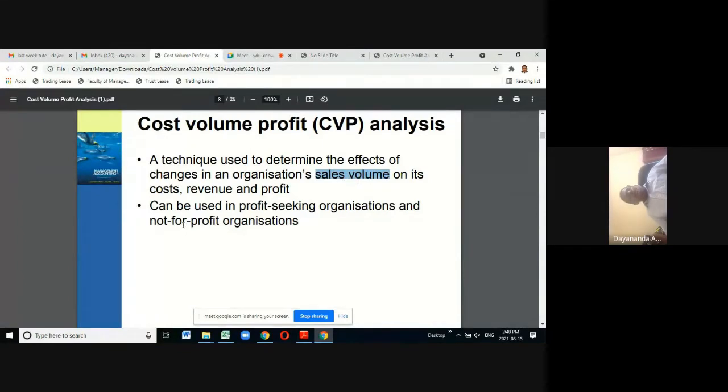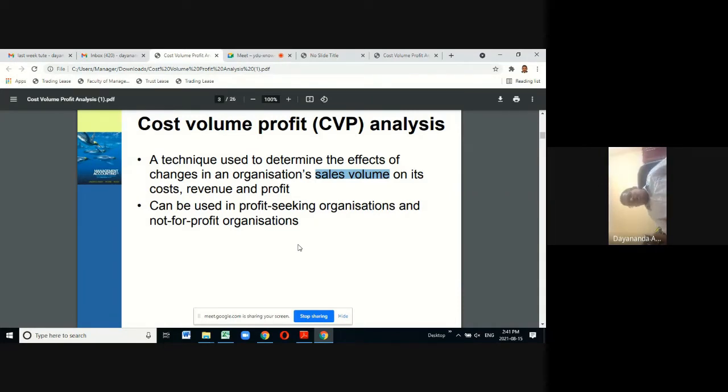Sales volume can be used for profit-seeking organizations and also non-profit ones. Whatever the organization where cost, revenue and profit volumes are applicable, whether it's a service-oriented organization, profit-oriented organization, non-profit, NGO. You can even apply it to a sports club: the number of memberships to be offered to make your business project feasible.